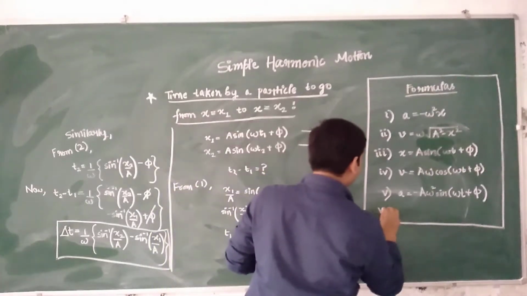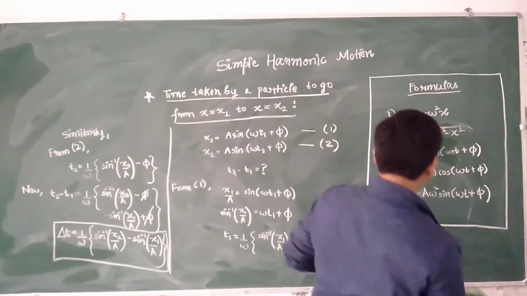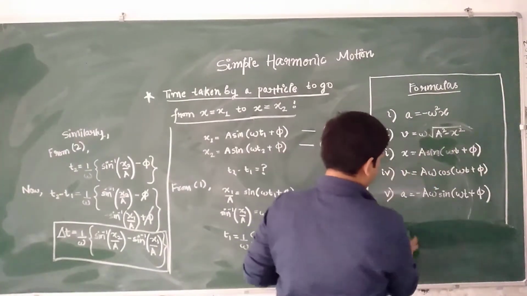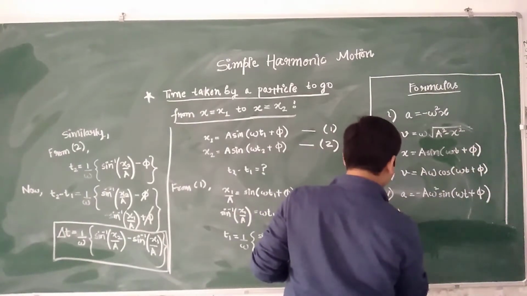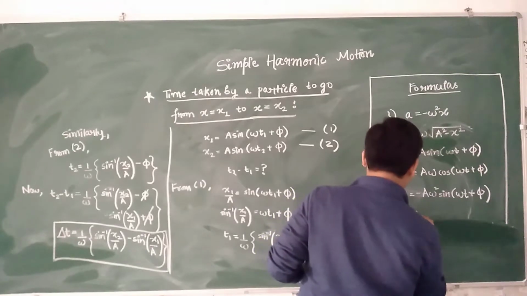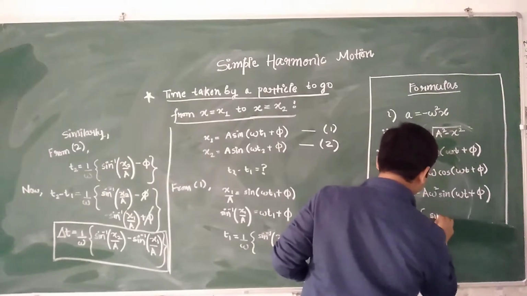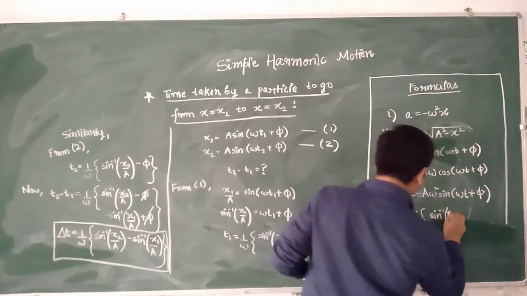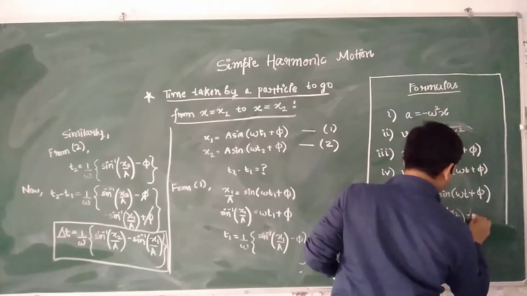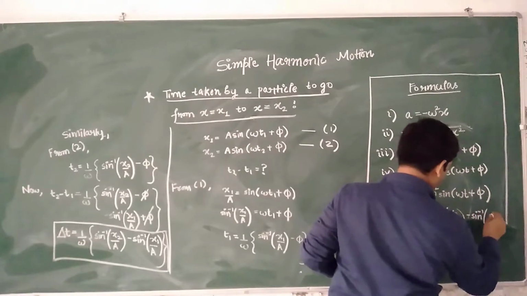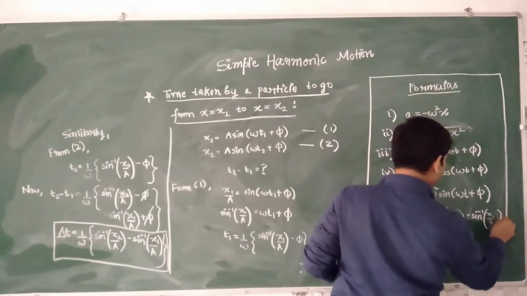So now I am including one more formula in this list, which is the sixth formula, and that formula is this one: delta t, time taken by the particle, will be equal to 1 upon omega, and in brackets we will have sine inverse x2 upon a minus sine inverse x1 upon a, right?